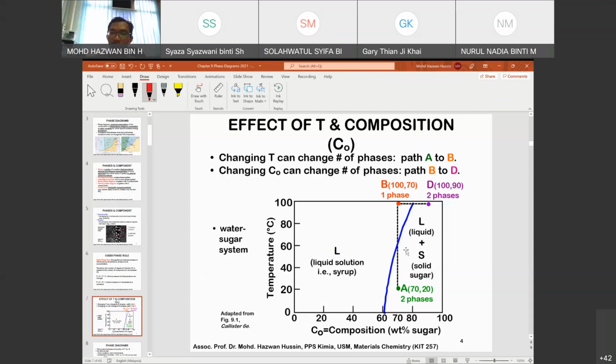When it evaporates, the sugar will recrystallize, so it becomes crystal, then solid. That is why you have one region known as a mixture of liquid and solid phases. Finally, if you heat it up to about 100 degrees, most of the liquid will be vaporized, and the content inside the beaker will be only sugar.